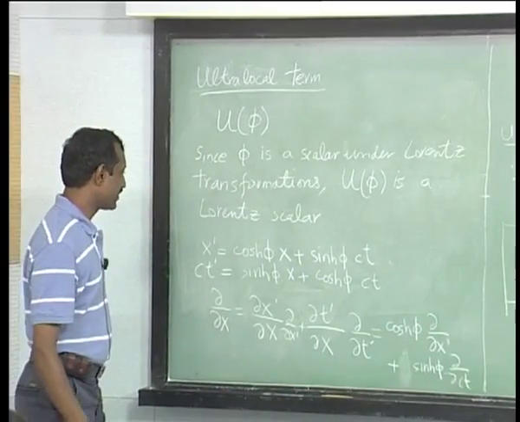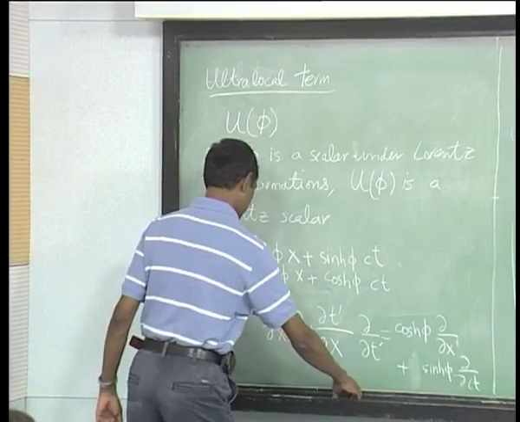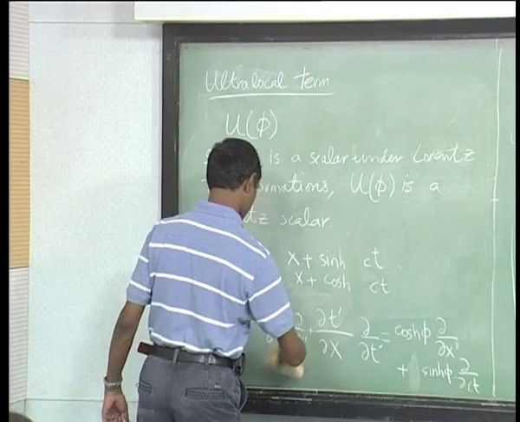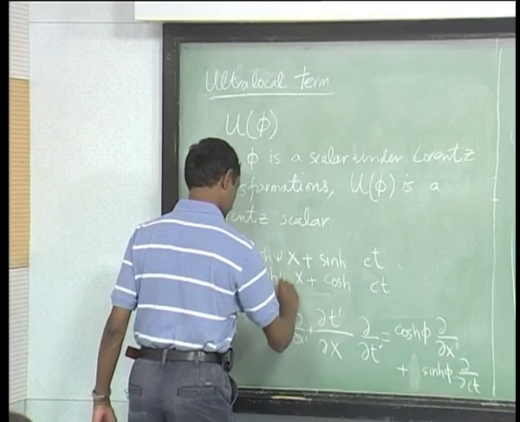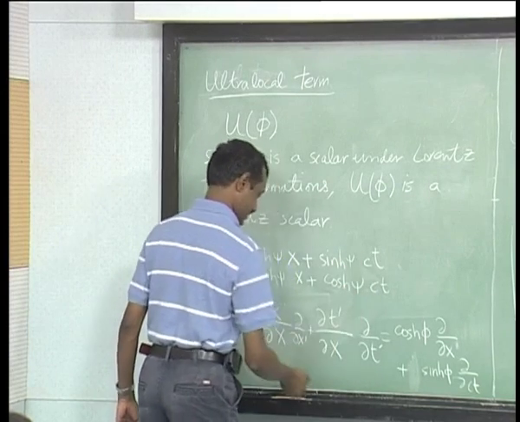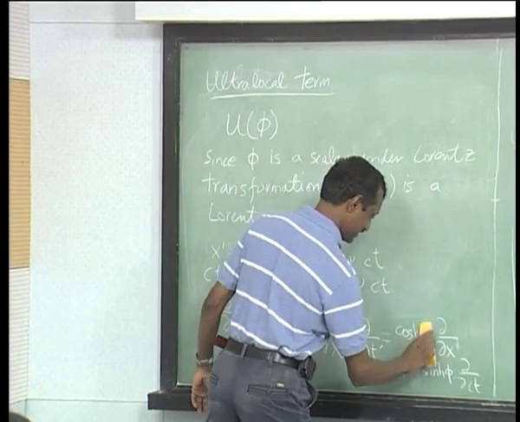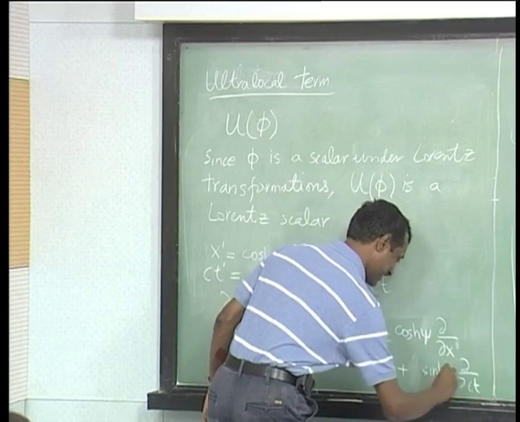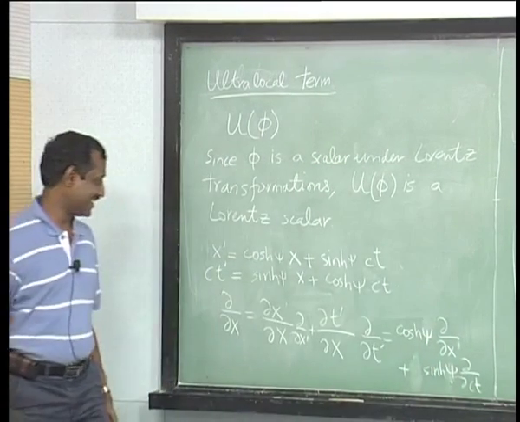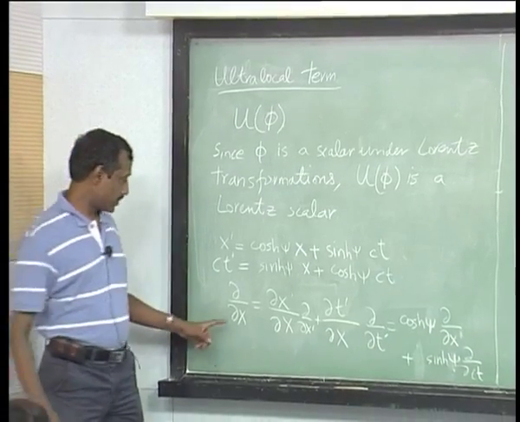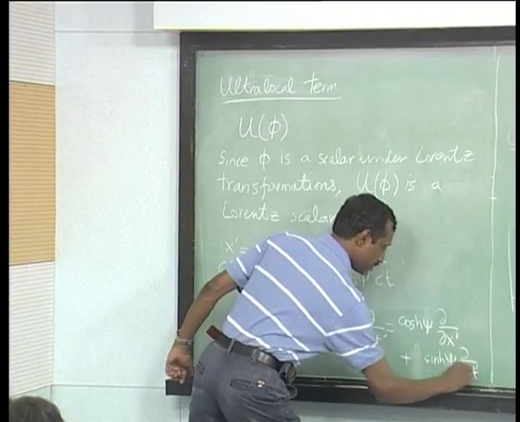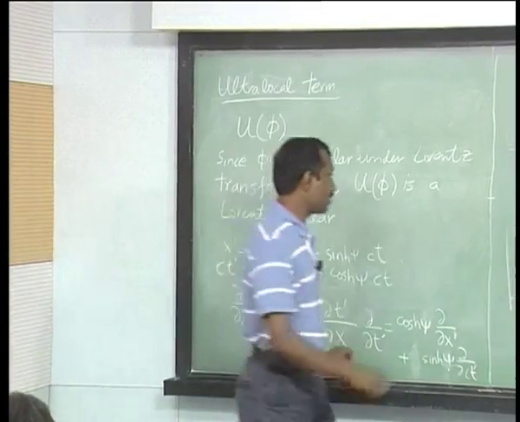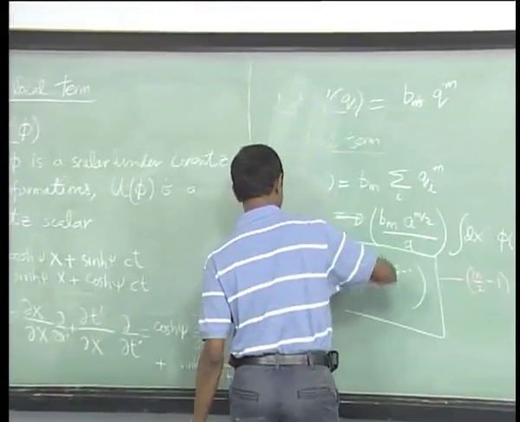Let us put psi. Okay. So, d by dx is x prime and t prime, and it is not hard to work out what d by dt prime is.